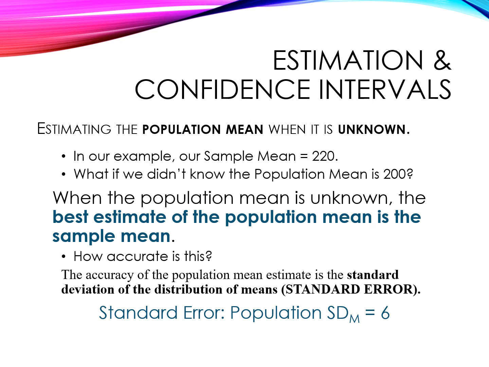Now, the example that I gave you before, we knew the population mean, but what about when we don't know the population mean? In our example, our sample mean was 220, but what if we didn't know that the population mean was 200? What if the population mean was unknown? The best estimate of the population mean is the sample mean.